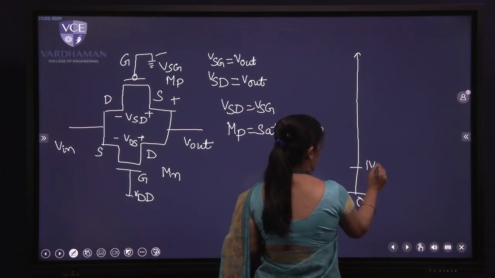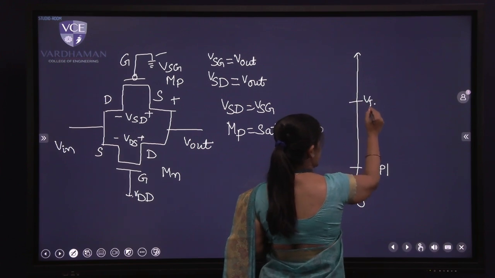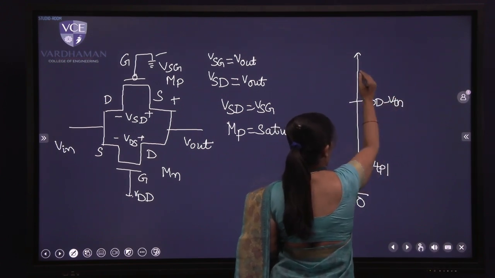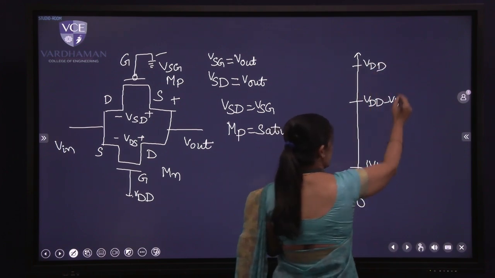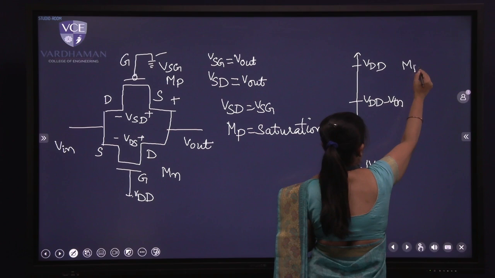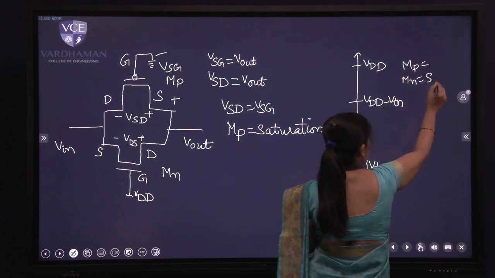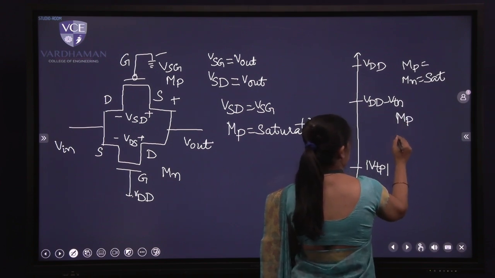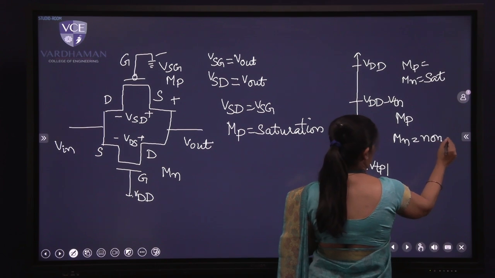I have mod VTP. Then I have VDD minus VTN. And I have VDD. For the previous case, we wrote our Mn transistor operation. Mn initially it was in saturation, then it entered into non-saturation thereafter.